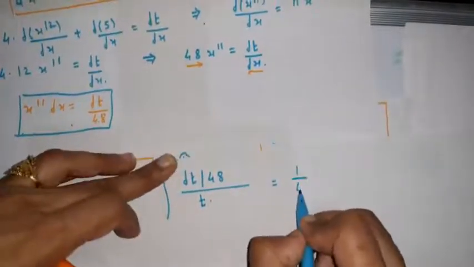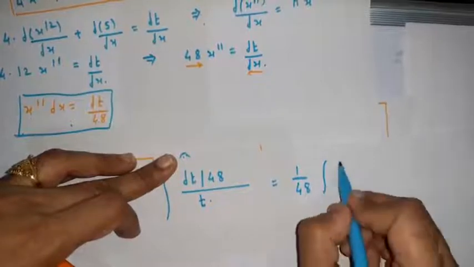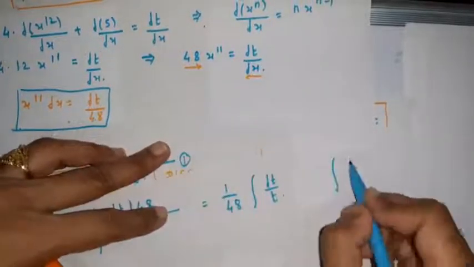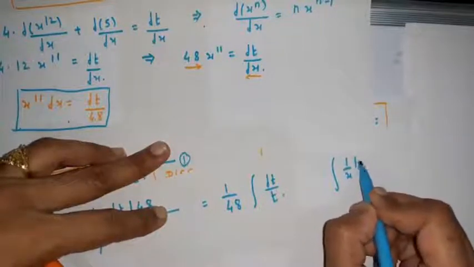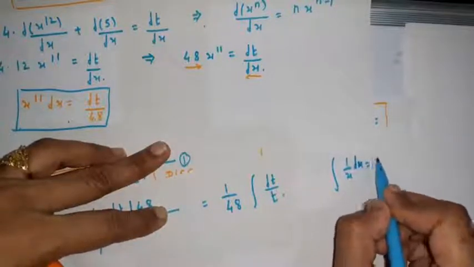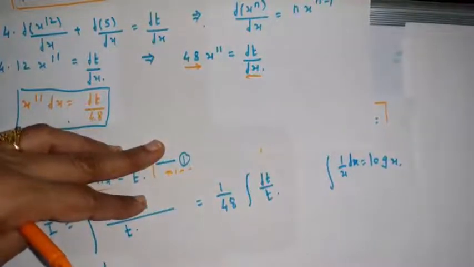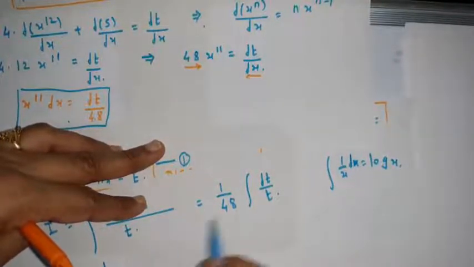1 upon 48 as a constant, take it outside, and dt upon t. Integration of 1 upon x with respect to x is log x, and hence this is 1 upon 48, dt upon t is log of t.